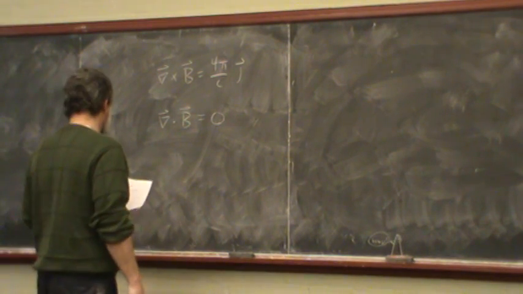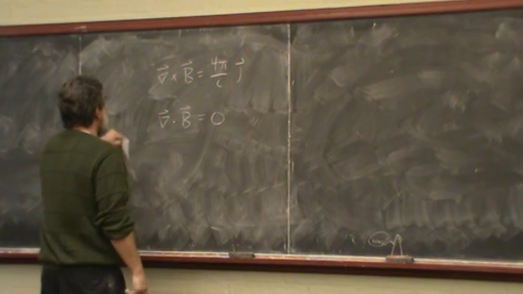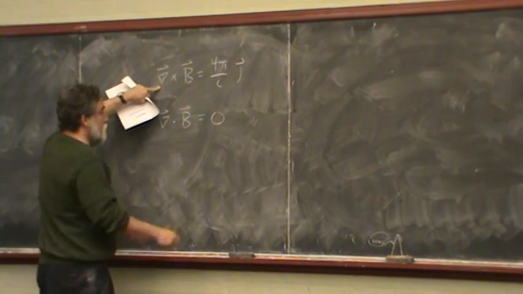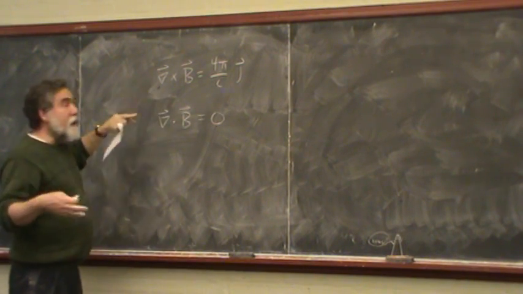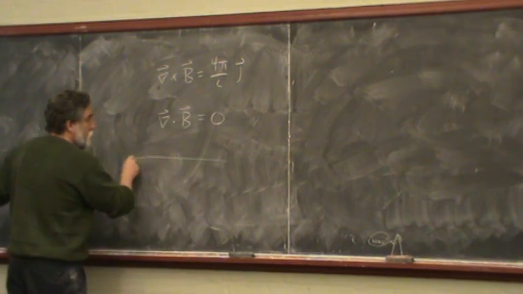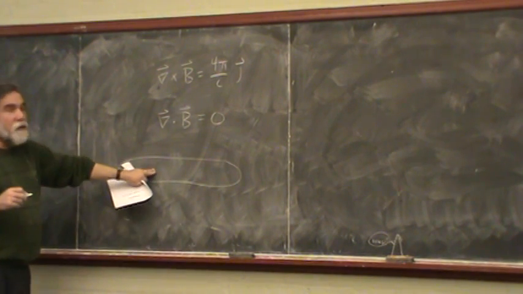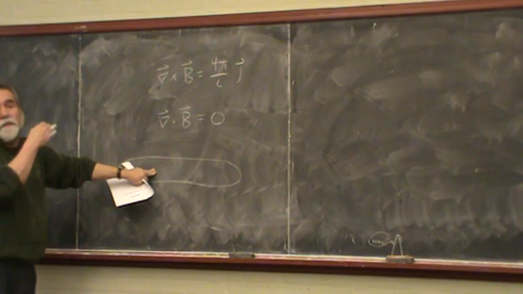So what I'm going to do is take this curl and integrate it over a surface. I'm going to take some arbitrary surface and perform the flux integral of that curl.